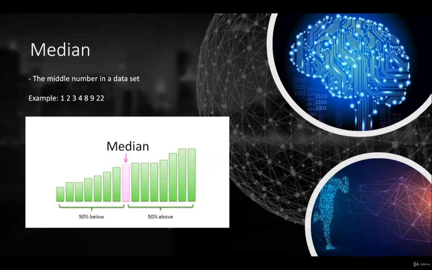Let's say, for example, we have 1, 2, 3, 4, and 1,000. In this small data set, the median number would be 3, even if the average between 1 and 1,000 would be 500. The median would be 3 because this is the number that is in the center. So this is for the median.